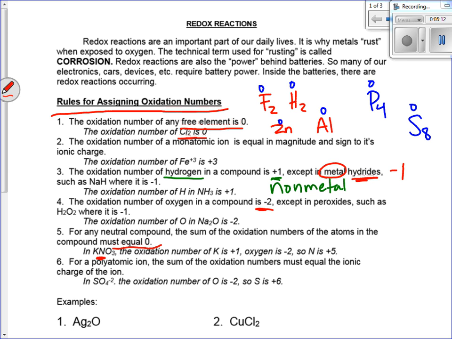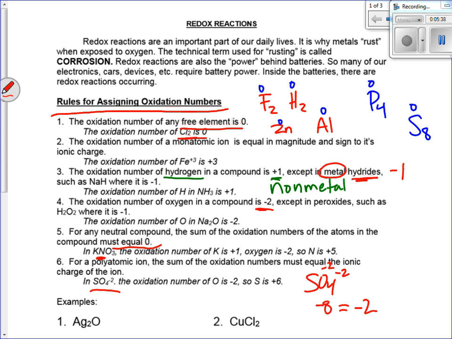If you have a polyatomic where it has a charge on it, like SO4, SO4 has a -2 charge, then you need to total it up to -2, not 0. So when you figure stuff out, you need to add it all up to -2. So in this case, SO4, if oxygen is -2 and there's 4 of them, this means this is a -8.